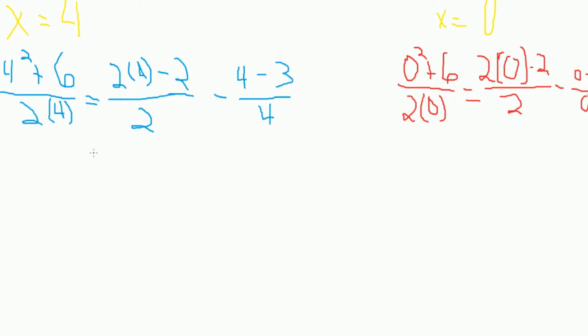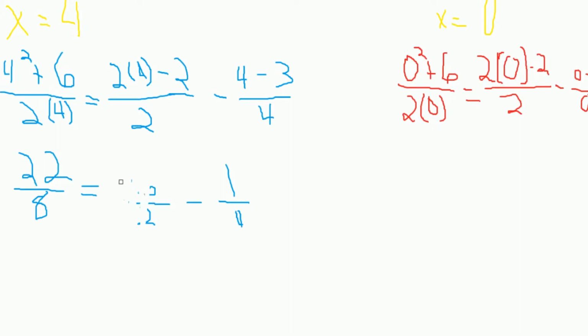If I were to simplify all of that, I will get 22 over 8 is equal to 6 over 2 minus 1 over 4.